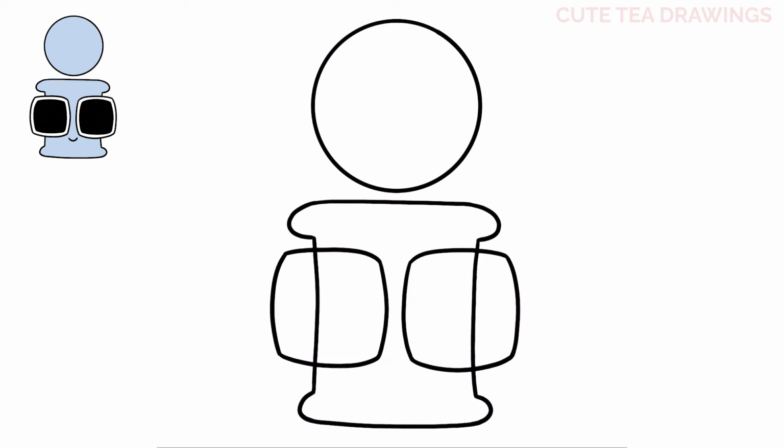Next, let's erase the overlapping lines inside each eye. Next, inside each eye, let's draw that same rounded square shape.